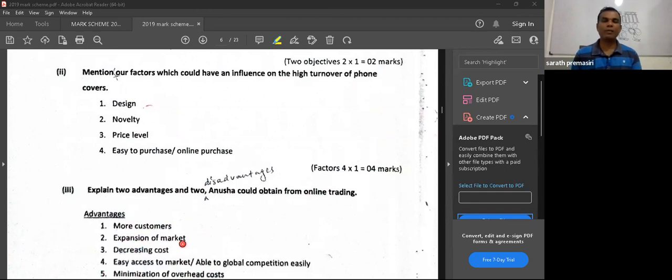She can minimize cost or decrease cost. She can minimize cost of production or cost of producing novelty phone covers.